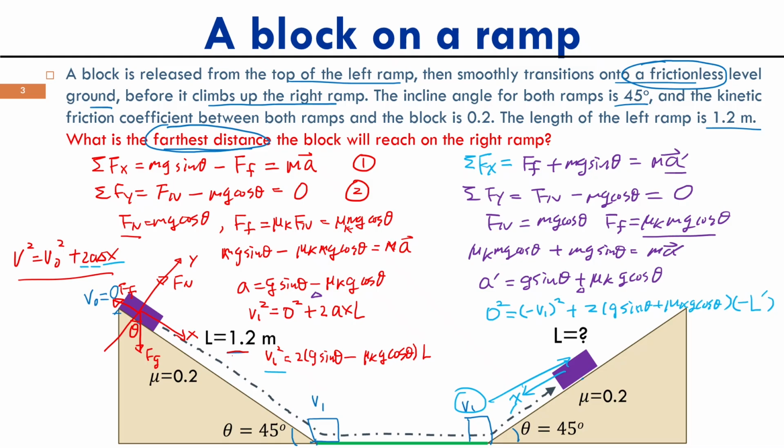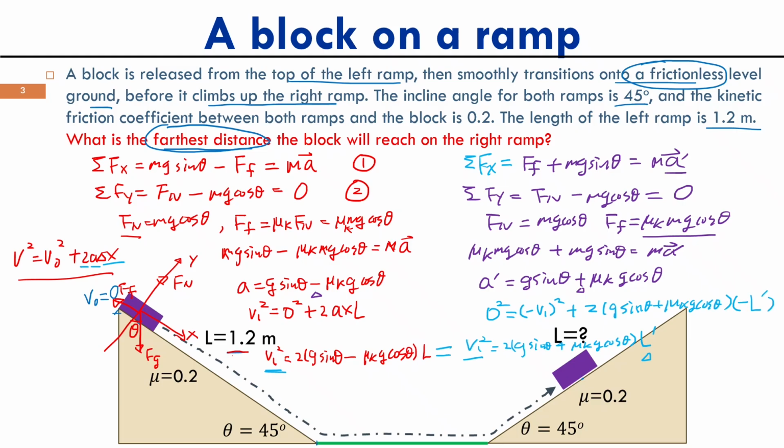I get v1 squared equals 2 times g sine theta plus mu k g cosine theta times L prime. So this is the maximum length I'm going to reach, right? All right, so let me do the final step here. Because this velocity here and this velocity here are the same, I can equalize them.